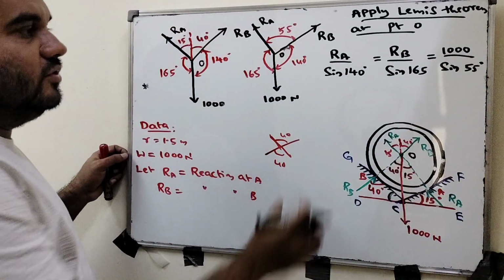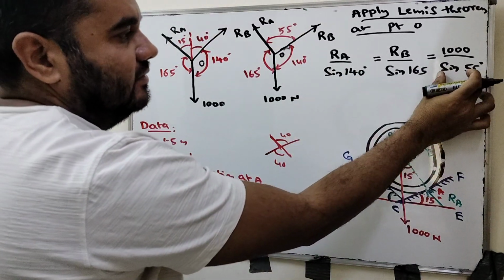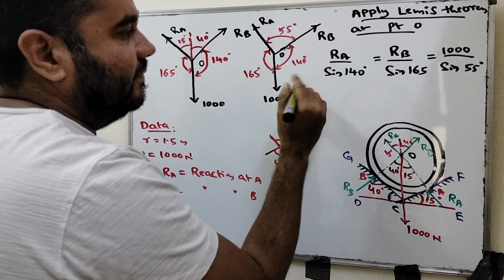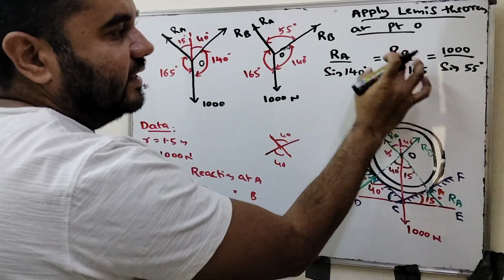Okay. Now use this and this final one, you will get the unknown value RA. And similarly use these two equations, you will get the RB value.